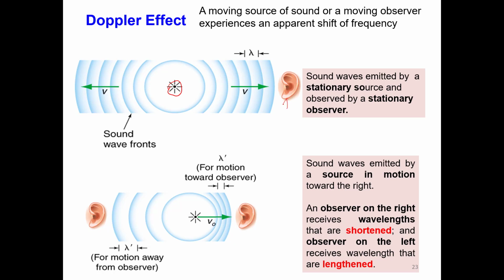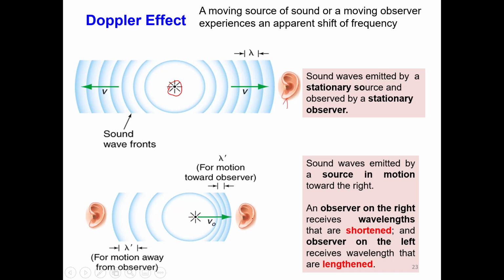The observer and the source of sound are not moving, and we can see there is no change in the wavelength, and there is no change in frequency, or apparent change in frequency.